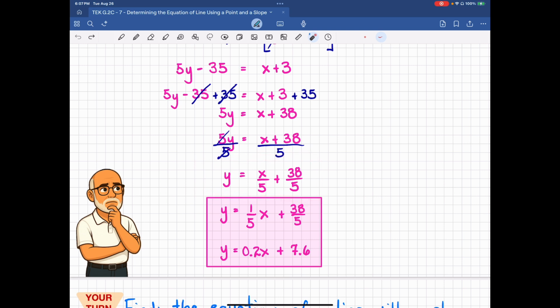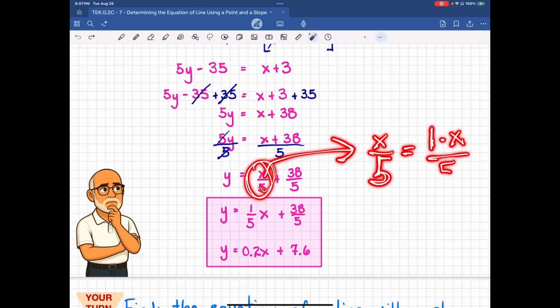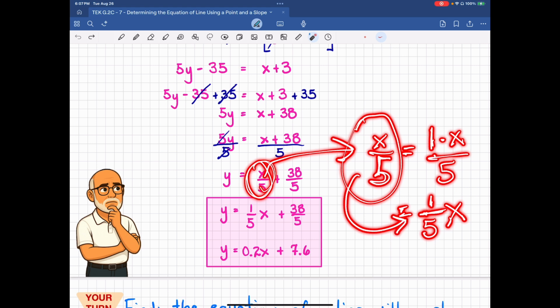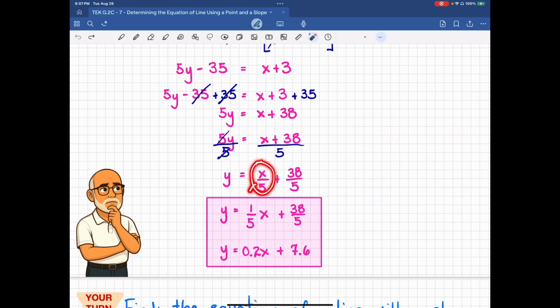What we want to do next, though, is we want to take this x over 5 and we're going to change it just a little bit. This x over 5 is equal to 1 times x over 5. And we know that we can write it as 1/5 x. So notice how we get from x over 5 to 1/5 x. And that's how we move from here to here to get this expression of our equation.